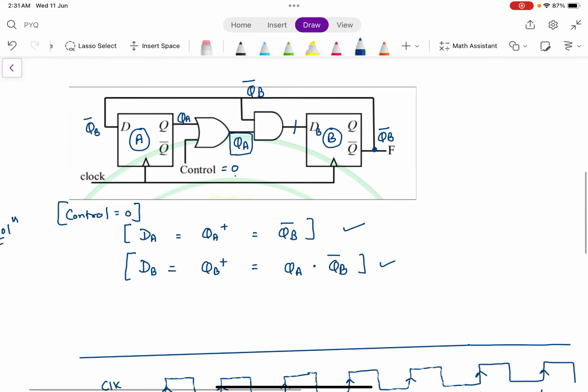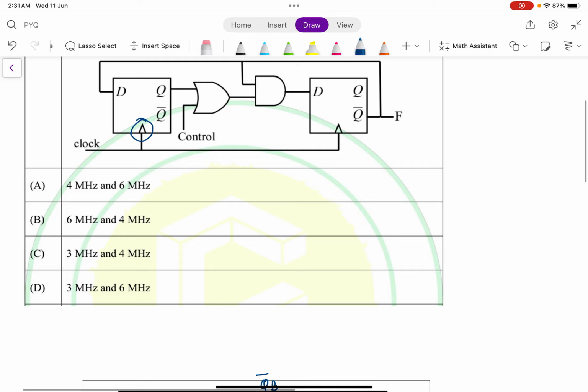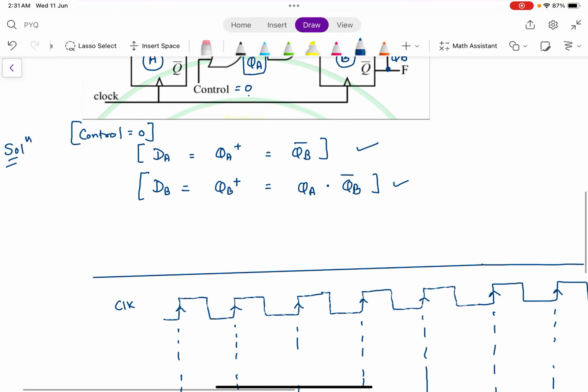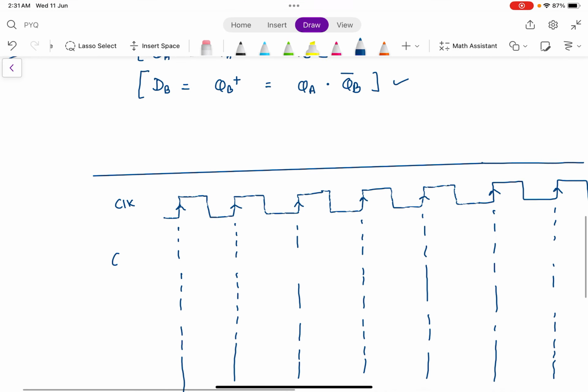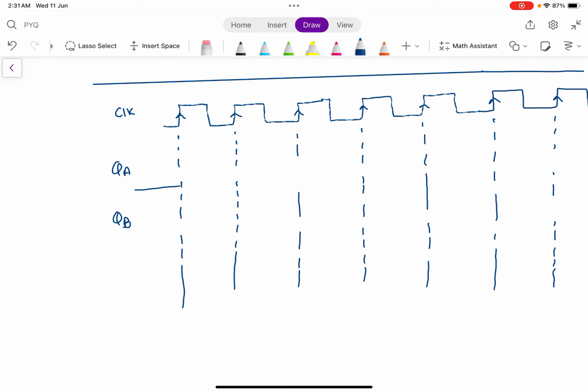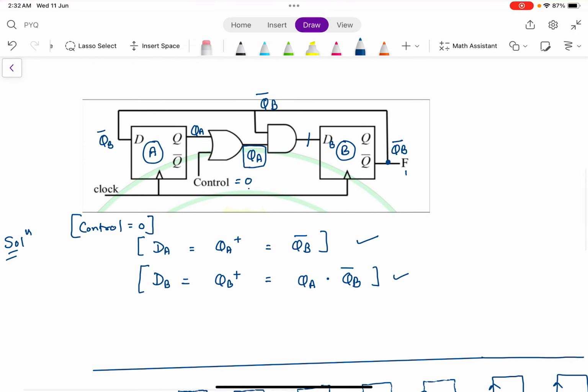Now you have to see the clock signals are positive edge triggered. This I already said. Now look at the QA and QB signals, what they are going to be. Let's assume that initially they are both at 0, 0. What you want to find is this F frequency.